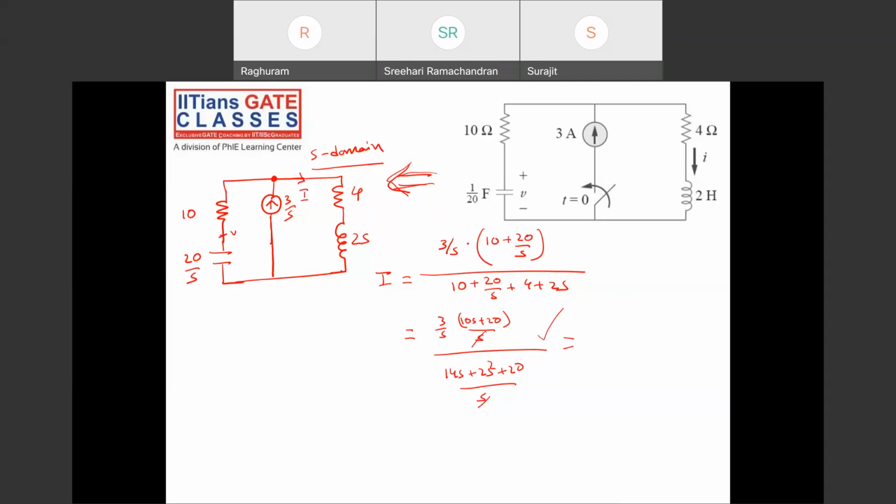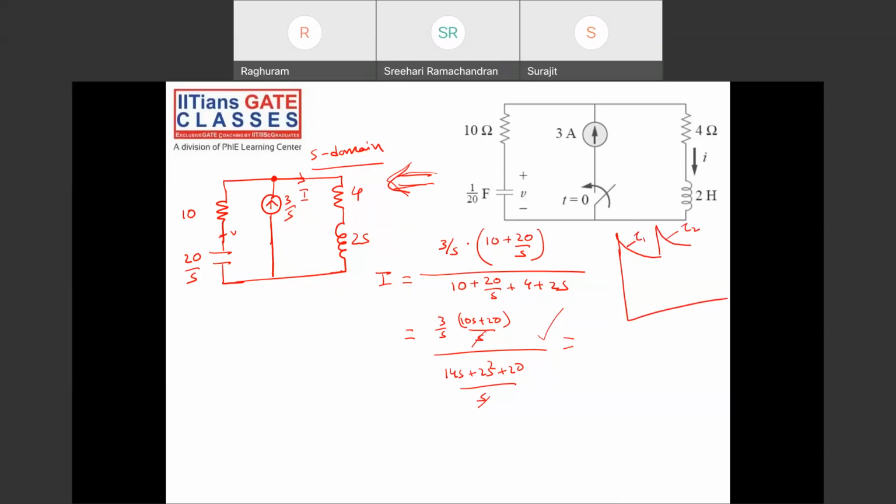Sometimes there will be two decays, and the current will be raised to different exponentials. This will have a time constant tau 1, and this will have a different time constant tau 2. That is why I want you to do it this way.